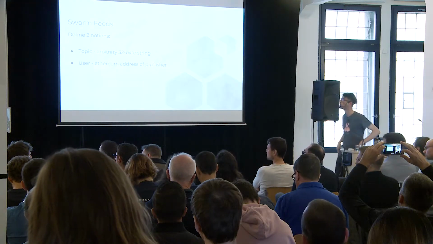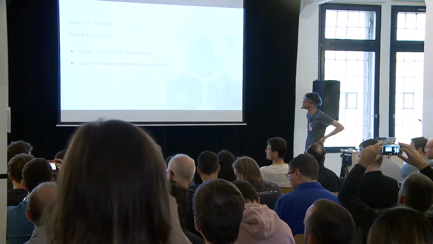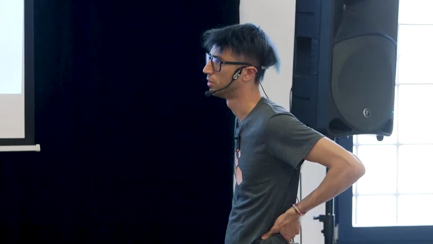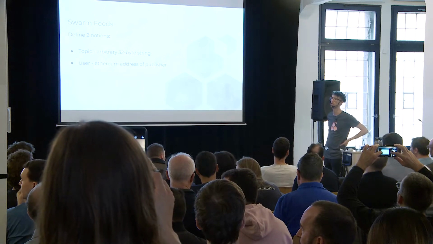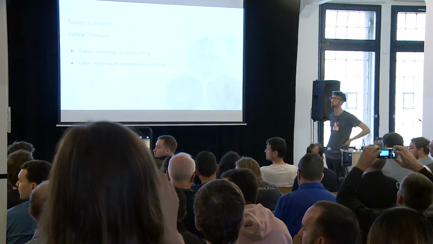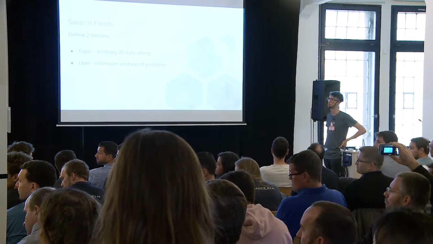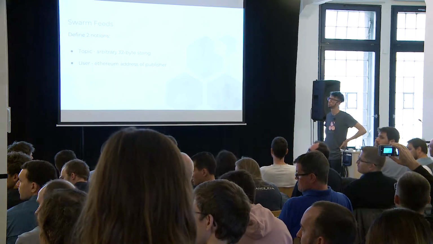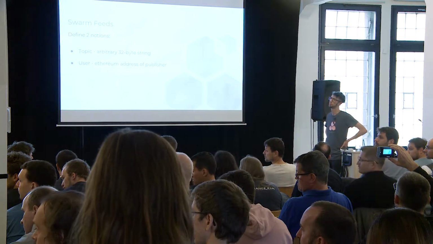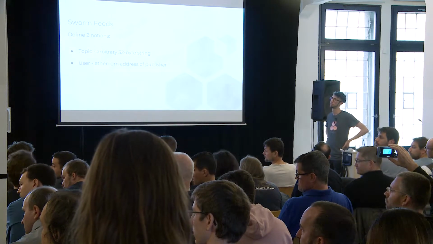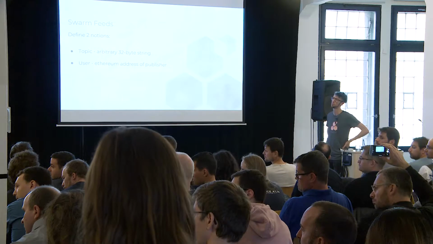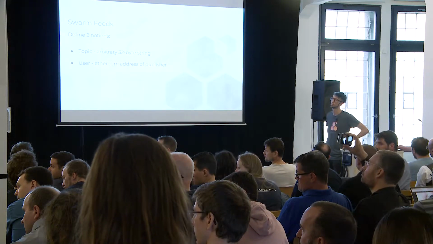Question. Can you set the ENS name as a user? I think so. Victor, can we set a user as an ENS name? You need an address. The user has to be an address. Because the feed update is captured as a chunk, and it has to be validated.